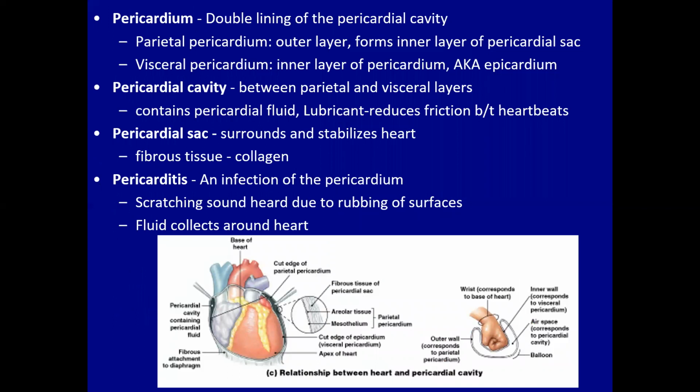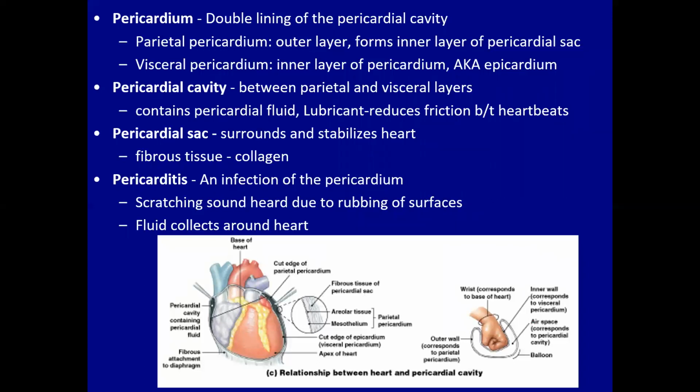As we talked about when we talked about membranes, and this was in AMD2, remember how we have serous membranes, and each serous membrane has 2 layers. You have the parietal portion and you have the visceral portion. The parietal portion lines the cavity, and the visceral portion is the part that actually touches the heart.